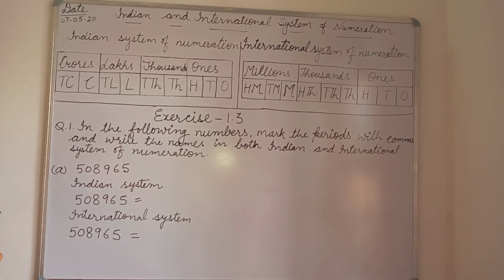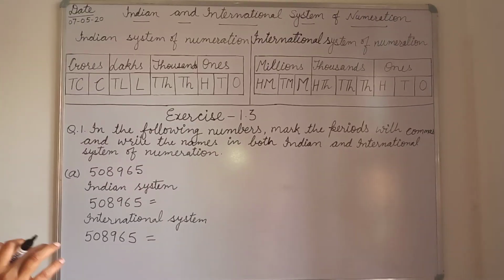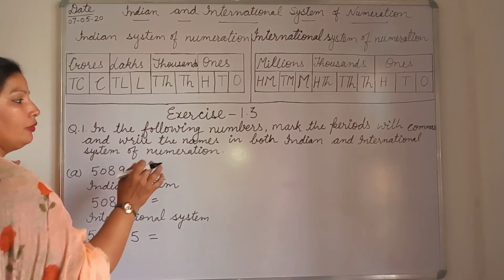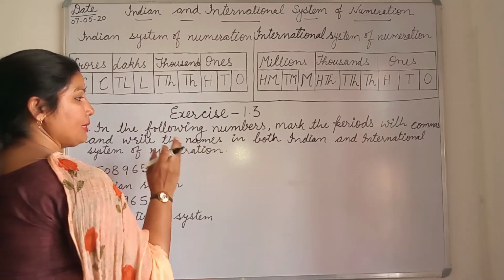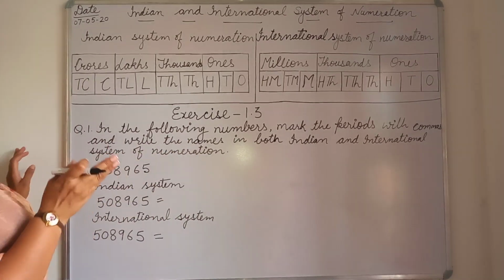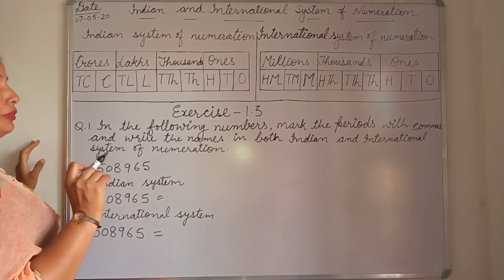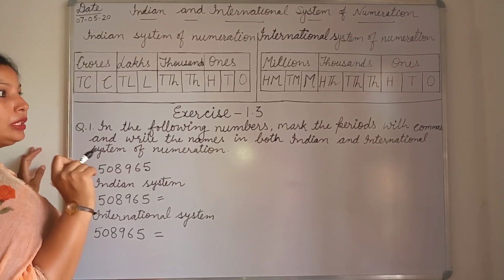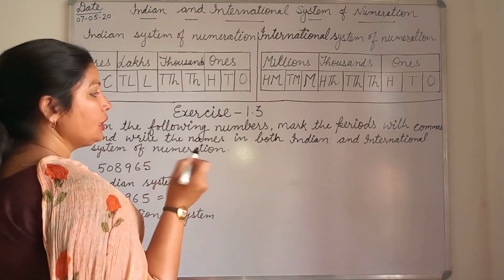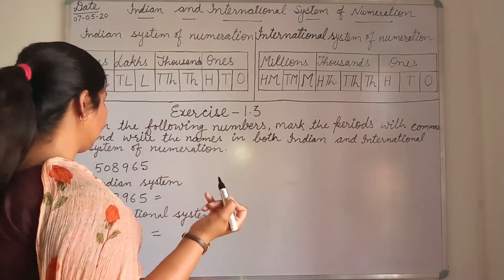Number name means you should write in words. Firstly you put comma to mark the period, and then you should write the number name.